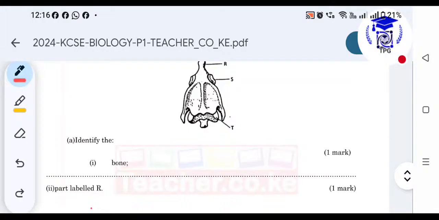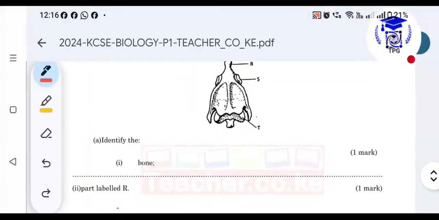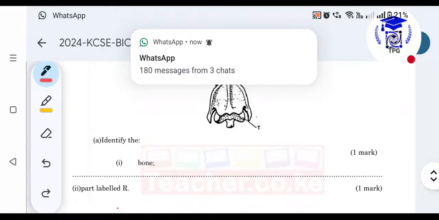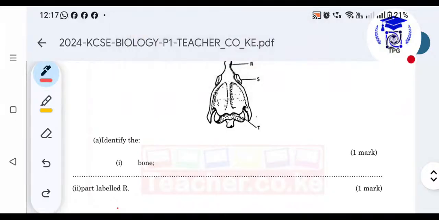Which bone is it? Axis, karibu sana. It is an axis. Correct.